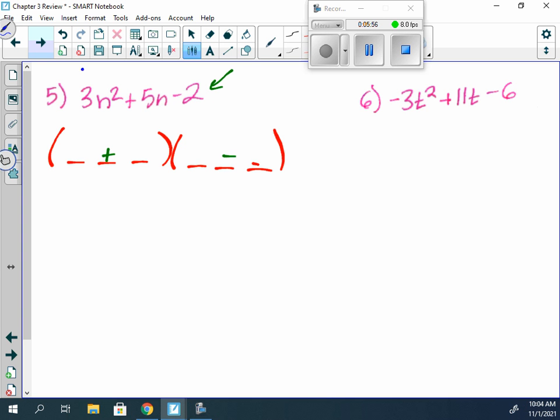Then we'd be looking at the factors of the first and third term. Well, we'll have n and n because 3n squared, n and n would be a factor. Now 3 is going to be 3 and 1, and the factors of 2 are 1 and 2.